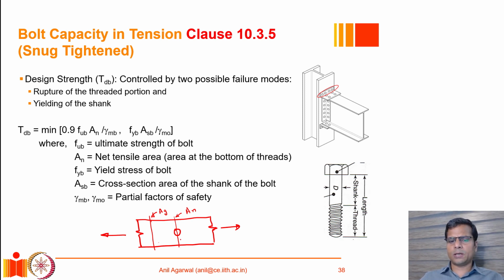Net cross section is susceptible to rupture. We did not worry about net cross section yielding, because when we confine the failure, the governing limit state becomes the rupture limit state, and then we take the net cross section area.